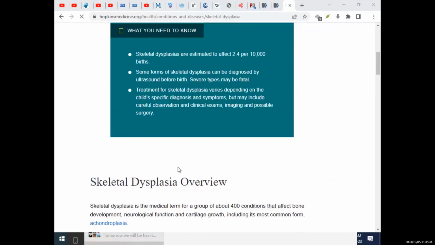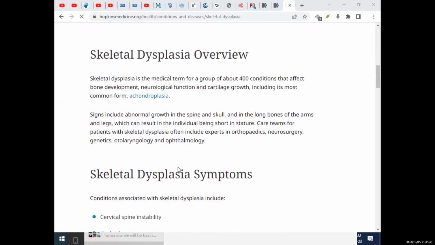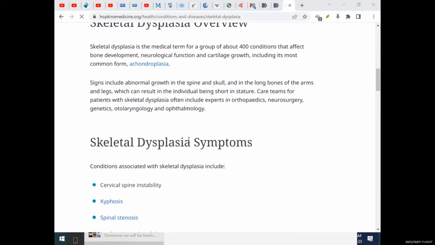So one thing about skeletal dysplasia: it's first diagnosed by ultrasound before birth, and severe types may be fatal. One thing we need to know is there will be abnormal growth in the spine, in the skull, and in the bones, like the long bones, the arms, all of which can result in short stature.